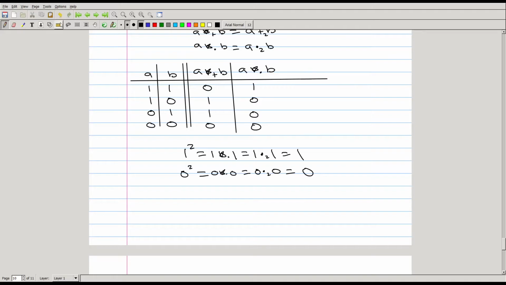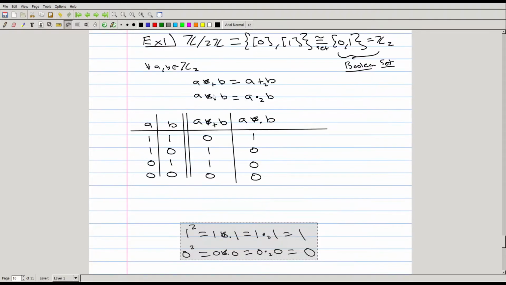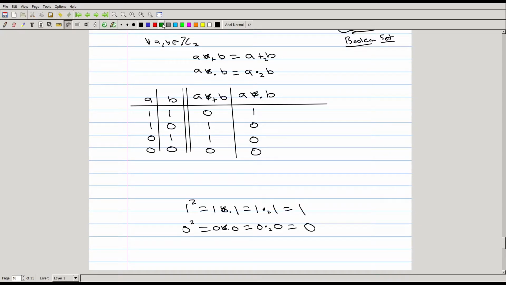And what's also interesting is you want to see here that for the addition operation in the Boolean ring, we're getting what looks very similar to, and is actually the same thing as, the exclusive OR operation, or in terms of sets, the symmetric difference.